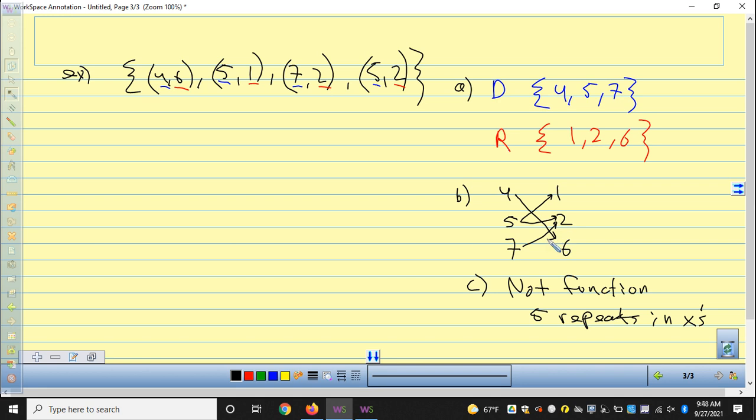So since we have these 2 arrows that start on 5, that's another way that we can say that this is not a function. All right. So questions there about listing our domain, listing our range, making a mapping diagram, and looking for repeats in the x's to decide if it's a function or not.